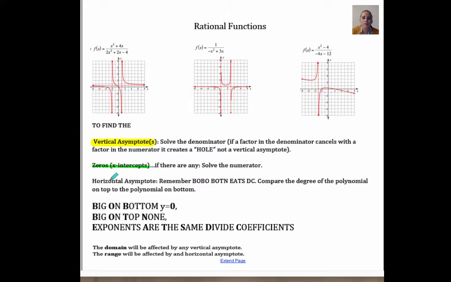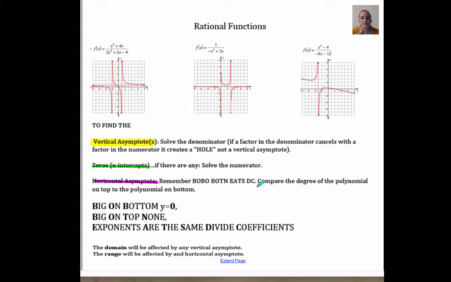And of course, if there is a horizontal asymptote, then this is a phrase that I was taught a few years ago that really has helped me figure out how to determine where the horizontal asymptote is. You say, Bobo Botten eats DC.